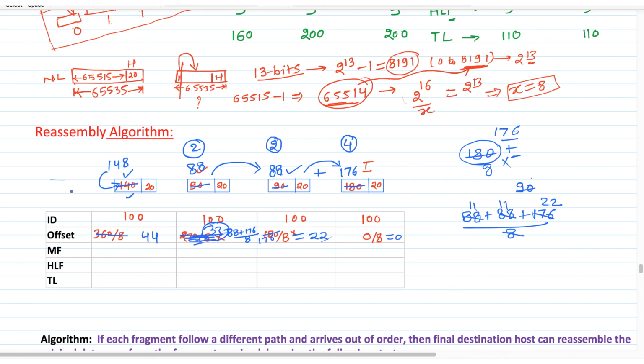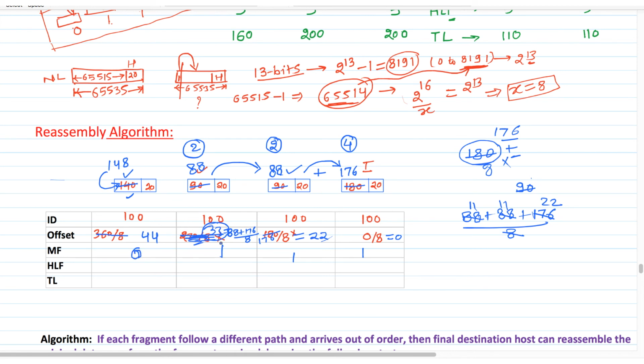Concept is that all the fragments except the last fragment must be divisible by 8. Last fragment may or may not be divisible. Again, more fragment value will be 1, 1, 1 and 0.